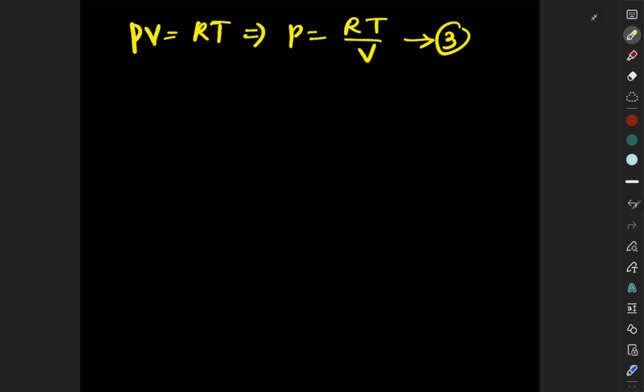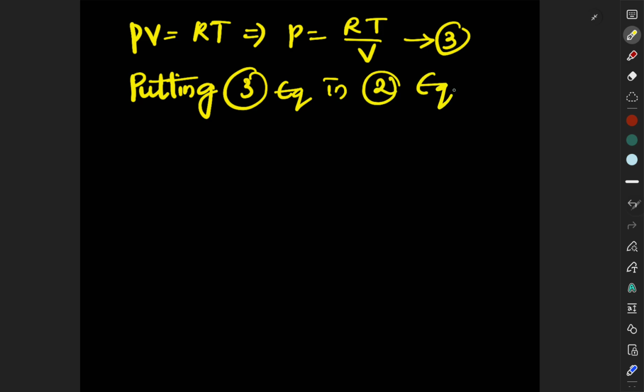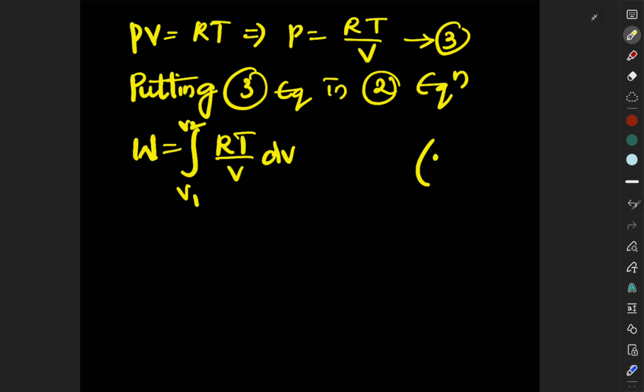So putting the third equation into the second equation, we know W is equal to integral of PdV. There, in the place of P, I am writing RT by V, and dV.